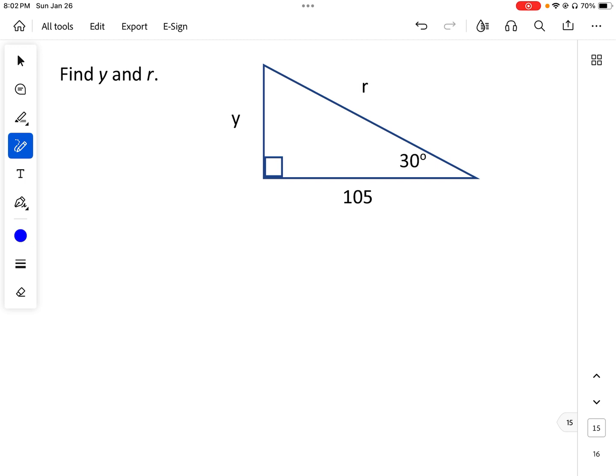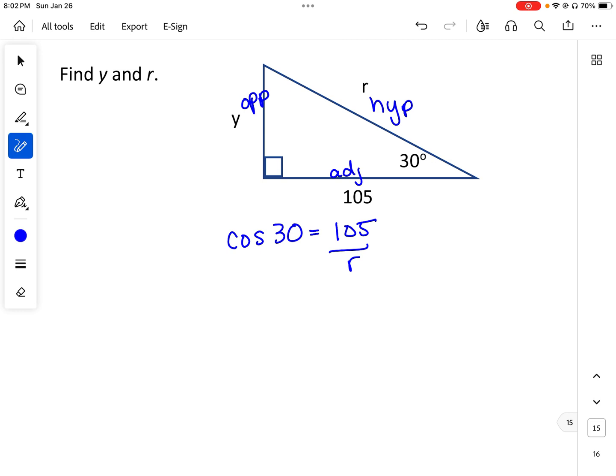Let's go ahead and label opposite, adjacent, and hypotenuse. We have the adjacent. We need to know the opposite and the hypotenuse. Cosine would work. Cosine of 30 equals 105 over r.